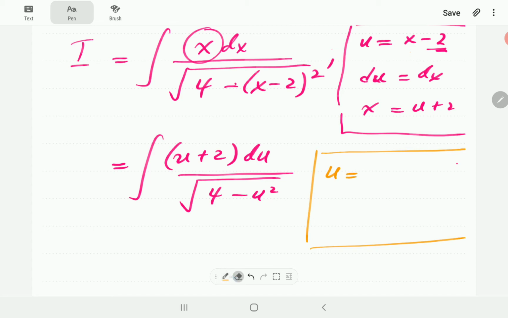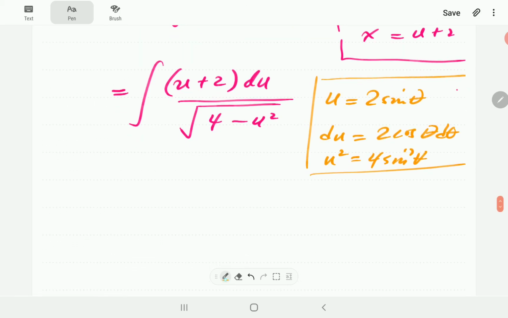Because we have got 4 here, which is 2 squared, it means our a is 2. So du is going to be 2 cosine theta, not squared, just cosine theta d theta. U squared is going to be 4 times sine squared.